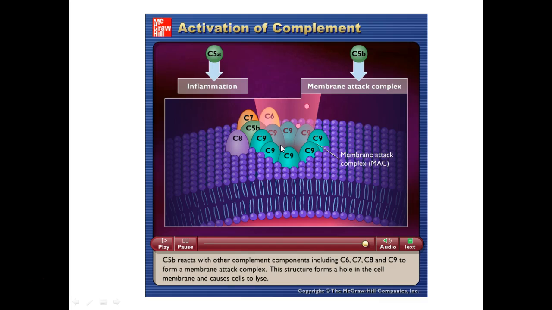Not to be confused with a Big Mac. So this is some big complex for sure. Again, know what it stands for: membrane attack complex. So these proteins insert into the membranes, they form this donut-shaped hole, these pores in that membrane.